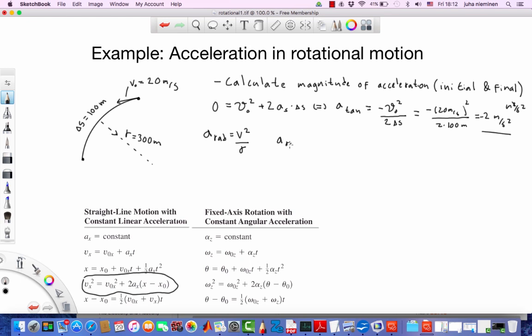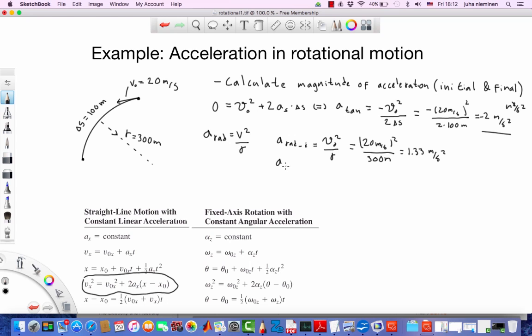So a_rad, calculate initial first, that's going to be v initial squared divided by r. So 20 meters per second squared divided by the radius of curvature. So that's going to be 400 divided by 300, 1.33, again meters per second squared.